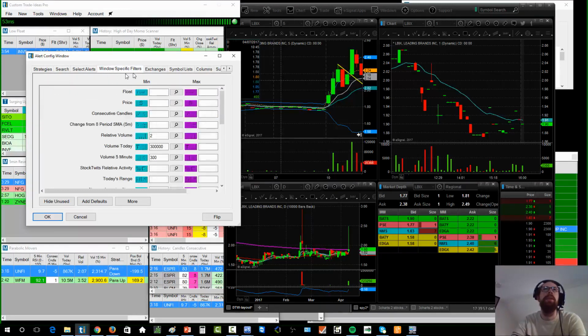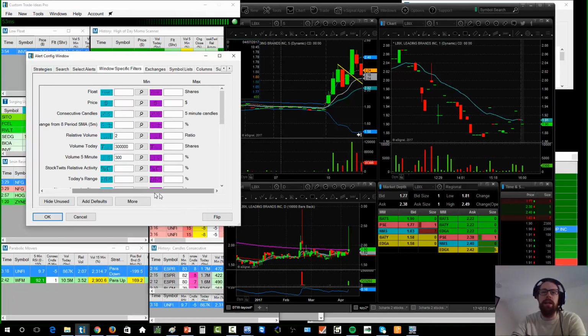Now let's go into here. All right, so what did this stock have that we want? The price is between $1.80 and $10. All right, so that's fine. Between 1 and 10 is fine. Consecutive 5-minute candles. Now, at the time of the alert, we didn't have consecutive green candles.